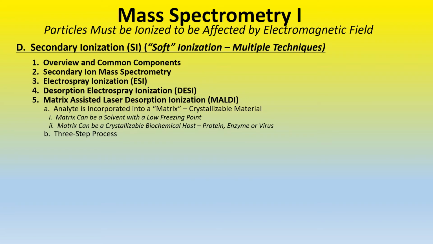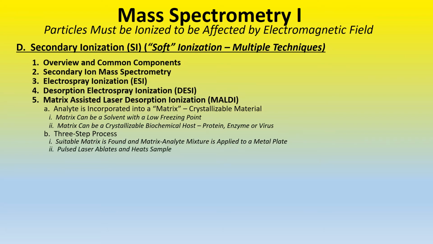There are extra steps. MALDI is actually a 3-step process. First of all, the sample has to be prepared with a suitable matrix and applied to a metal plate, which is held at some potential. In this case, again, gentle ionization. A laser is pulsed that is used simultaneously to ablate the sample and send it towards the detector, and to heat it so that you have heat-induced ionization.